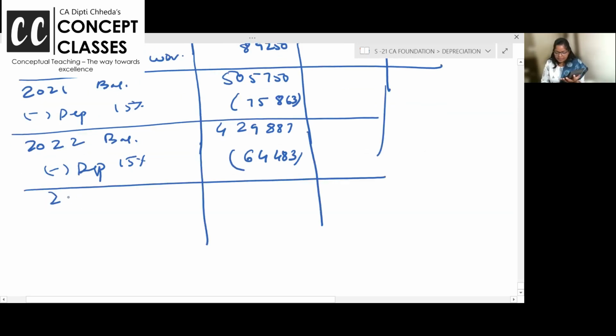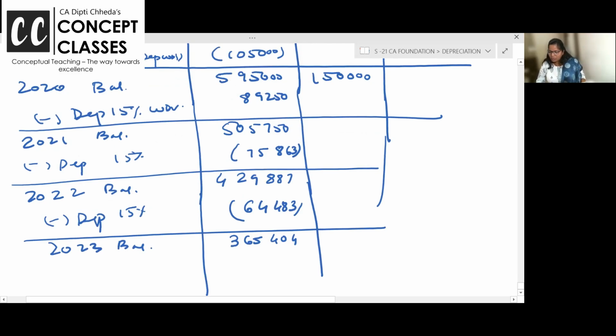So you are getting the 2023 balance: 3,65,404. This value is as of 23. Now we are not going to charge 15%. Now we charge differently. So up to here is it clear to everyone?